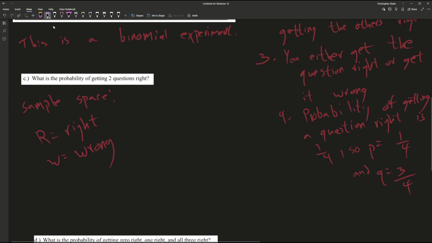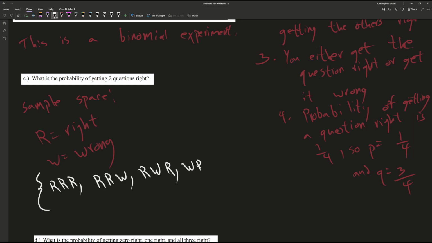Then my sample space is going to be RRR, RRW, RWR, WRW, RRR... Let's see.